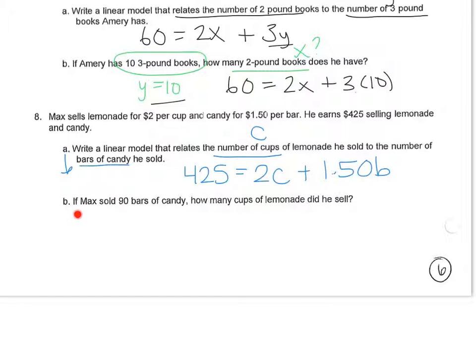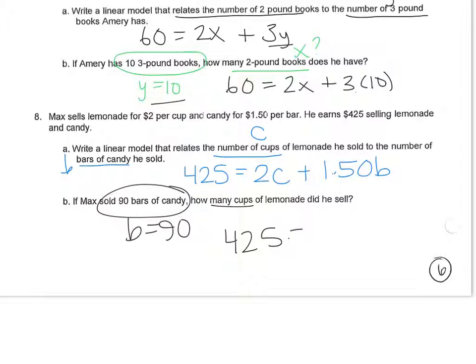Next part, if Max sold 90 bars of candy, so if B equals 90, solve for C. So 425 equals 2C plus 1.50 times 90. Solve for C, and you can do that. Just make sure that you answer in cups.